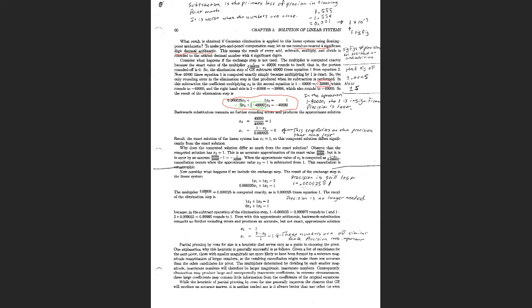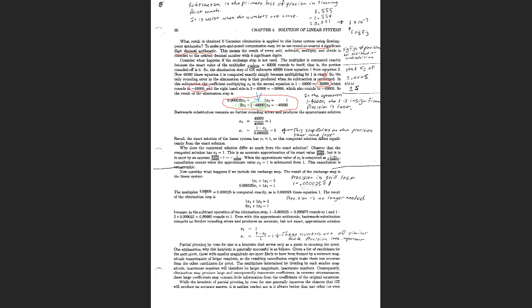But if we're going to use 4 significant digits, we can't store negative 39,999, because that's 5 significant digits. So the computer will round it to negative 40,000, and that's what gets put in this spot in front of the x2 in the second equation.